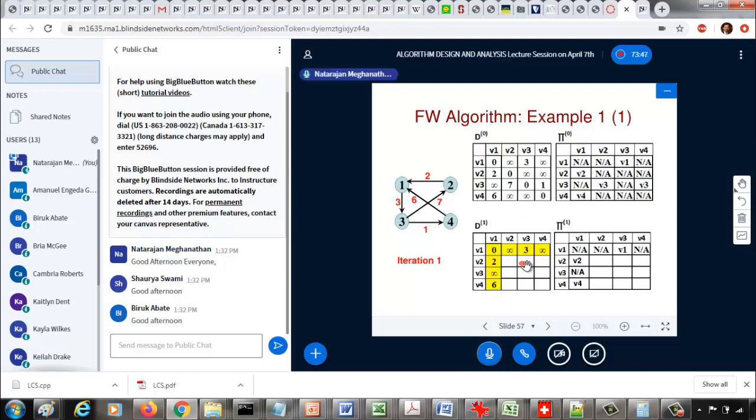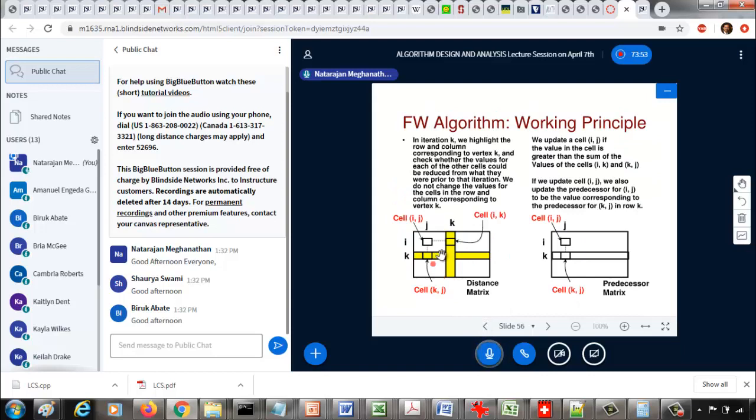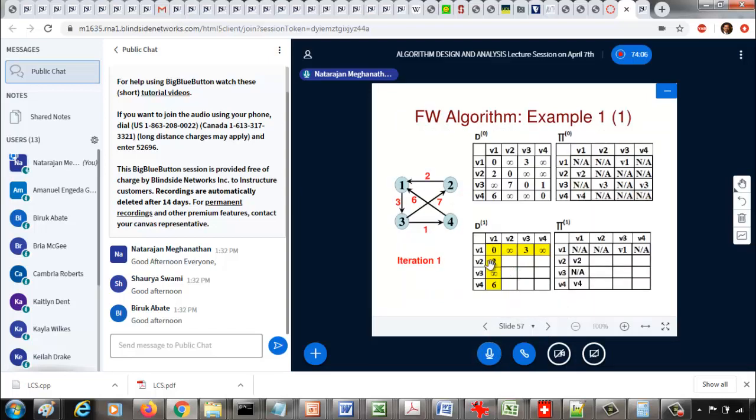So if I am going through V1, what we have to do? This is our entry V2, V3 and K is V1. So we have to add from I to K plus K to J. That means going from V2 to V1 and then from V1 to V3.